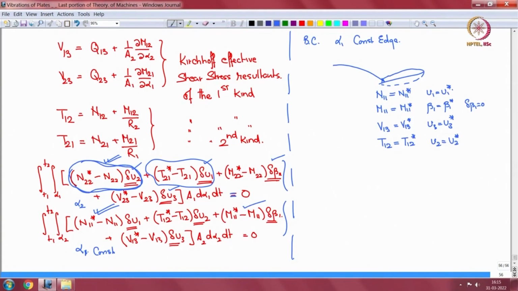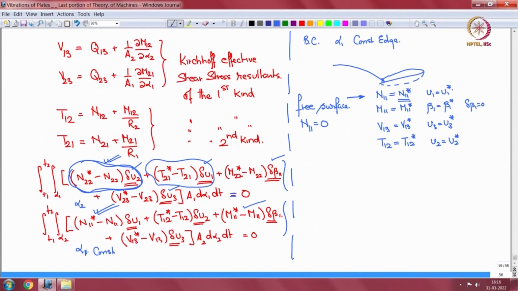In the most common systems, you do not have a force specified as a non-zero value, that is rare. So what you will have is a free surface. At a free surface, what is applied exterior is 0, so the boundary condition will be N11 is 0.